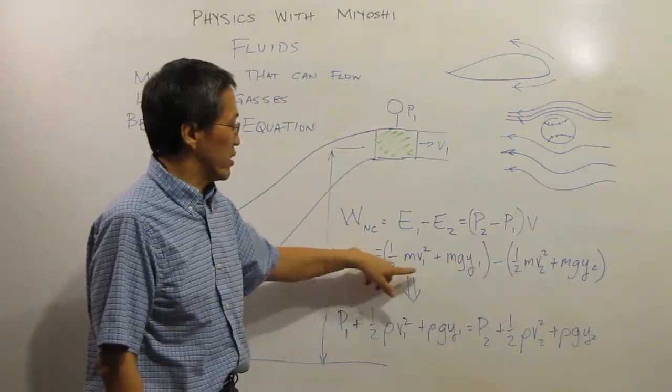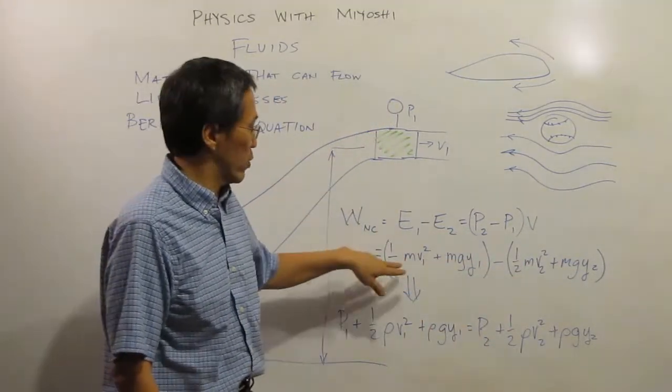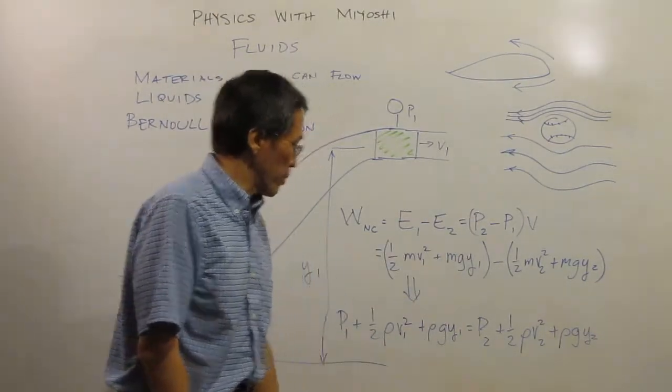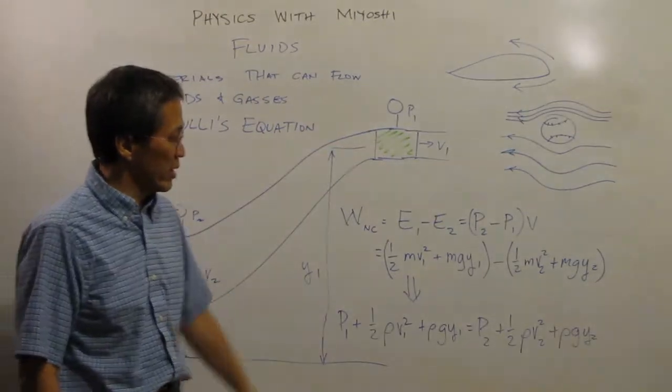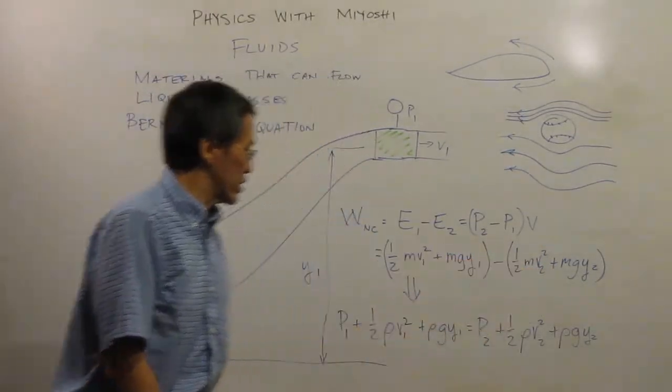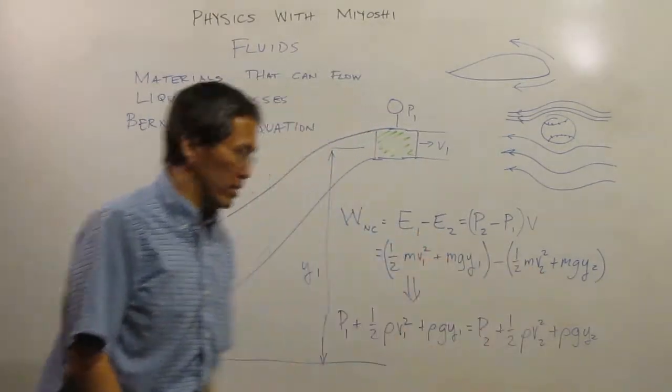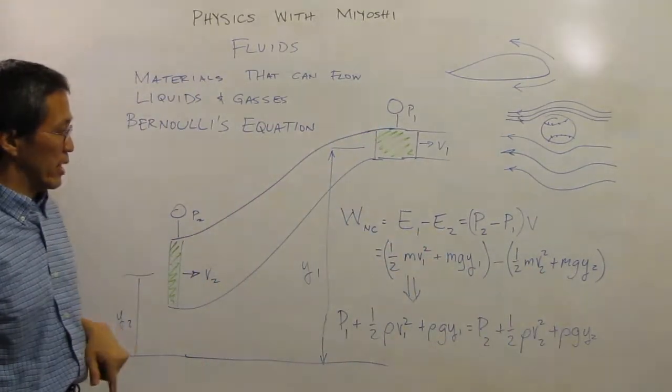And this energy is, of course, the kinetic energy, 1/2 mv squared. This, of course, is my gravitational potential energy, and this is, again, the kinetic energy, 1/2 mv squared, and the gravitational potential energy back here at this end.